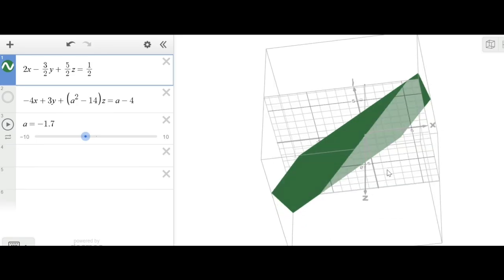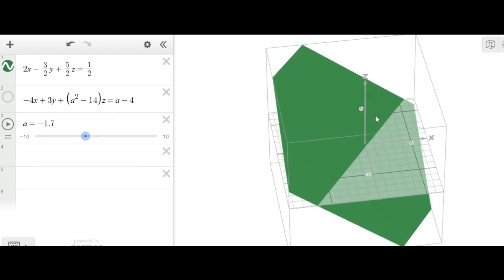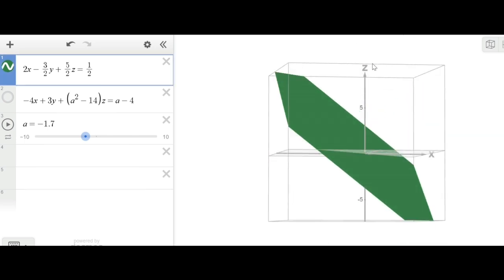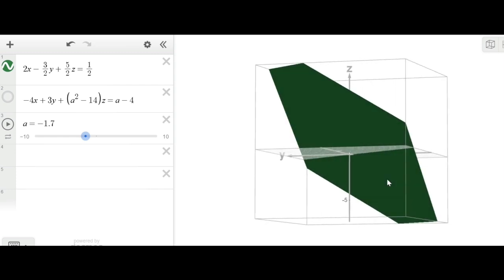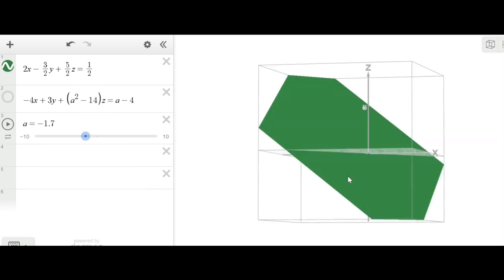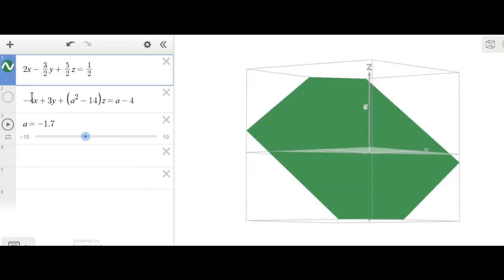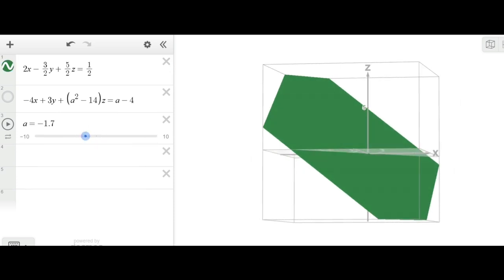Alright, so here is a simulation to prove that a can be any real value. I have plotted the first equation here, 2x minus 3 over 2 y plus 5 over 2 z equals 1/2, right? So this is that plane, and I have also plotted the second equation here in terms of a. I have a slider for a here, right? Let's see.